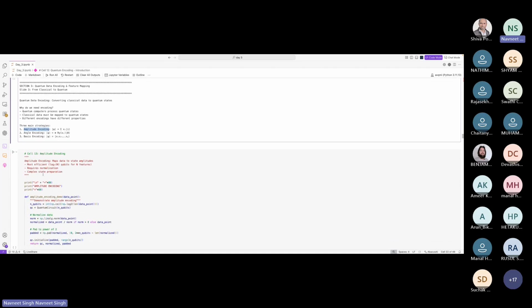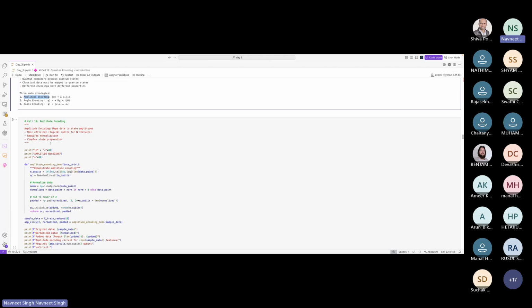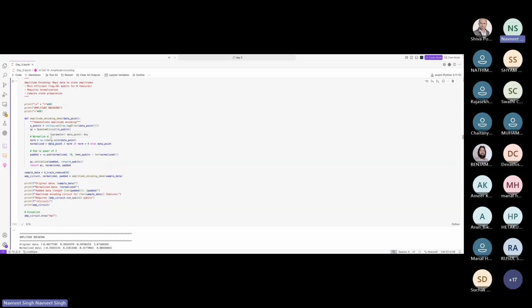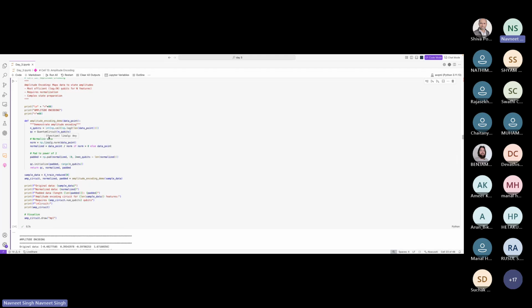So let's start with how we implement amplitude encoding. We will take one example data point here. Let me run it first, then I will explain. We literally turn its components into the amplitudes of quantum states. Let's walk through it.